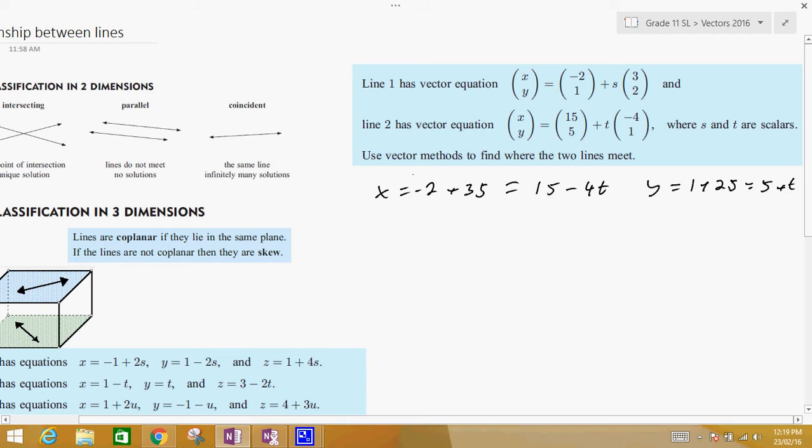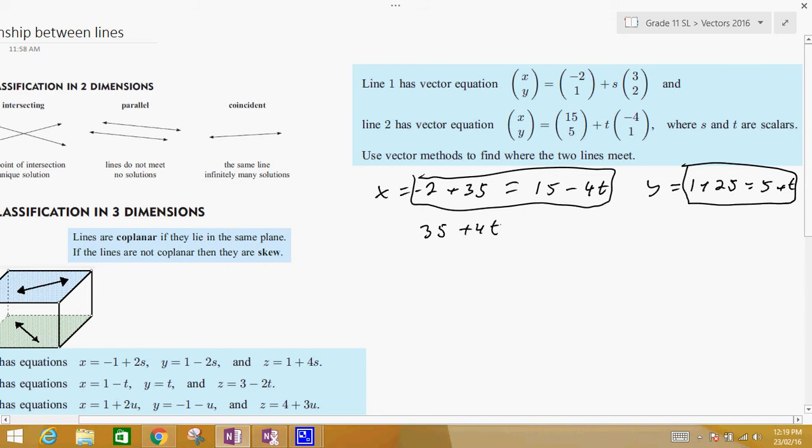And if you just look at this part and this part, what you've got is two equations with two unknowns. So if I play around with this equation, I've got 3s plus 4t is equal to 17. And if I look at this equation, I've got 2s minus t is equal to 4.